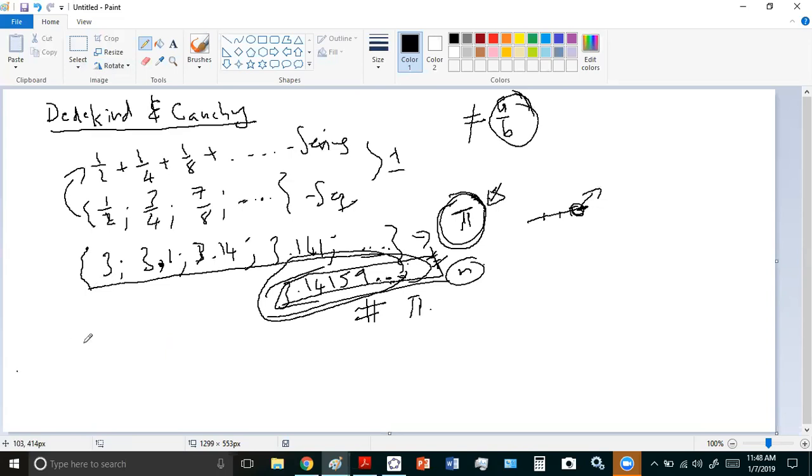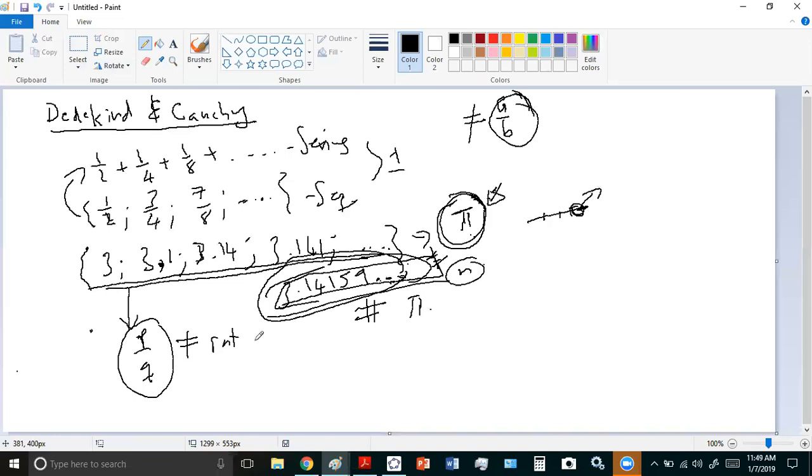So it doesn't matter how many partial sums you determine. In this case, what you determine is always a rational number. So it doesn't matter even if you could theoretically sum all these to infinity, you'd always have a rational number. But we can prove that pi is not a rational number, okay?